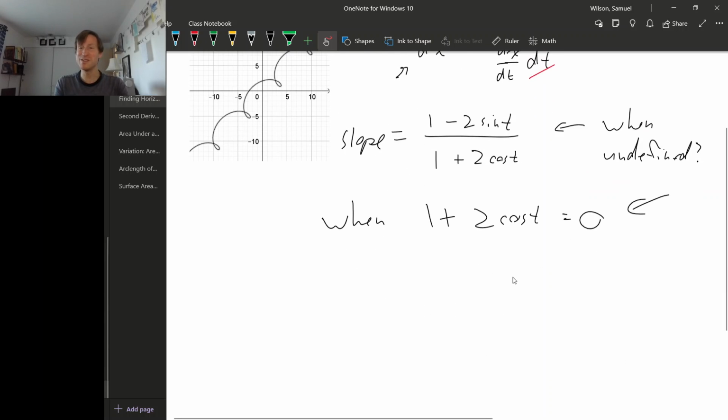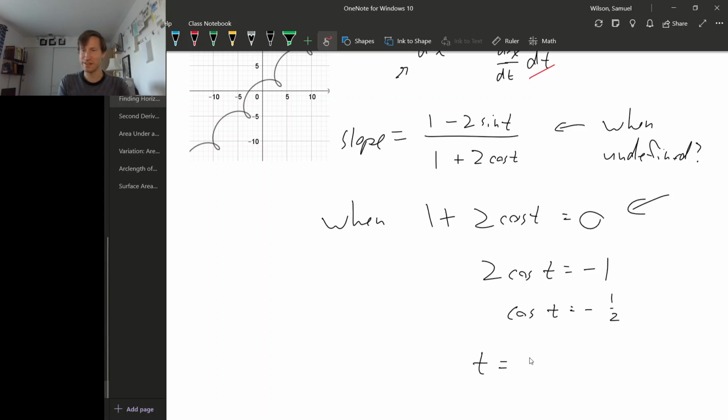So let's move the 1 to the other side. 2 cosine t equals minus 1, and then divide both sides by 2. So cosine t is minus a half. And then write down all solutions for this. So t is, let's see, the principal solution looks like it's going to be minus pi over 3. But because of the symmetry of cosine, any solution, we can switch the sign on any solution and get another solution.